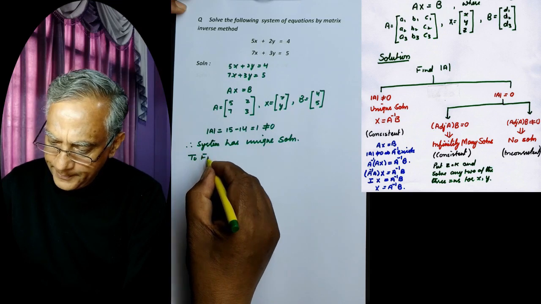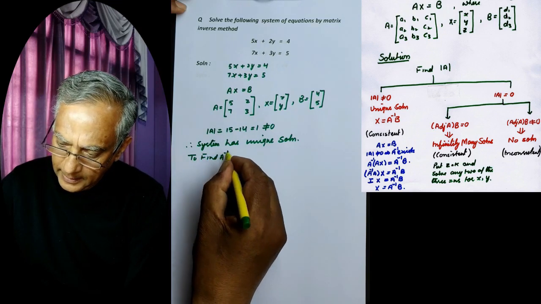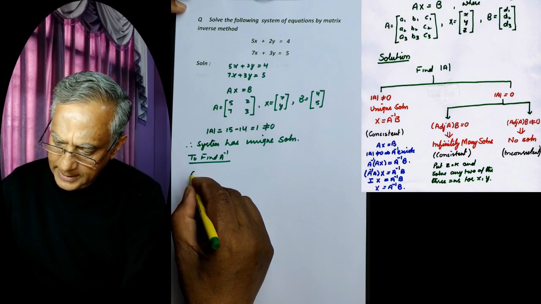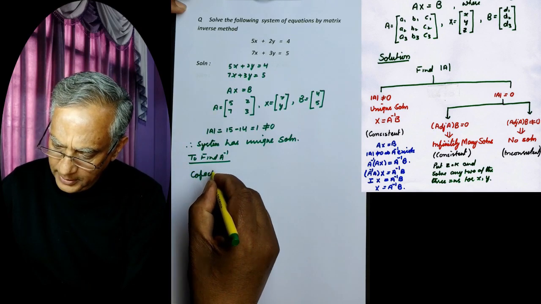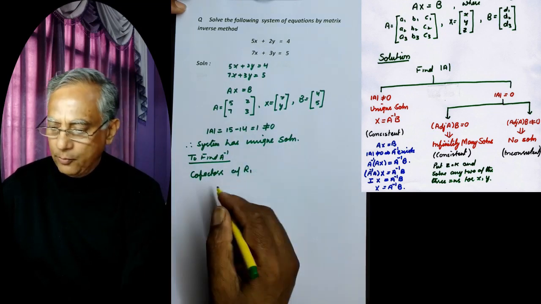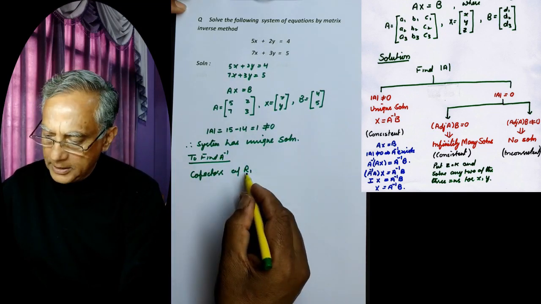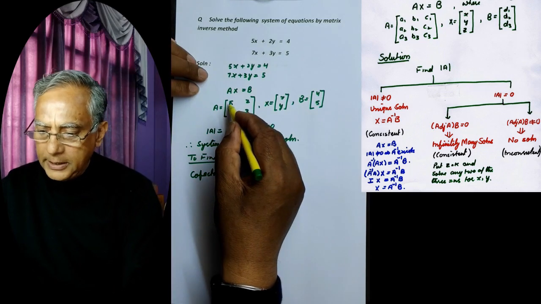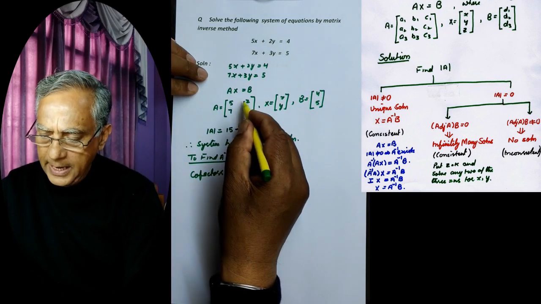To find A inverse, what we do is we first find cofactors of R1. Delete the row and column in which the entry occurs.